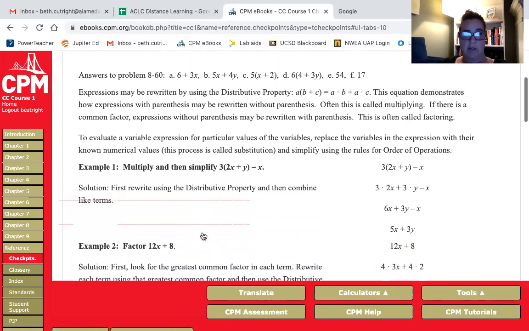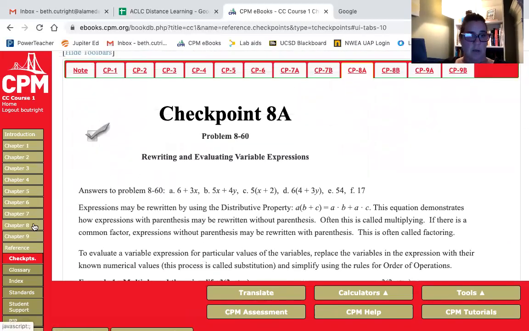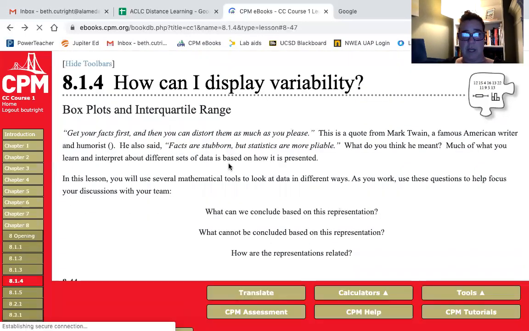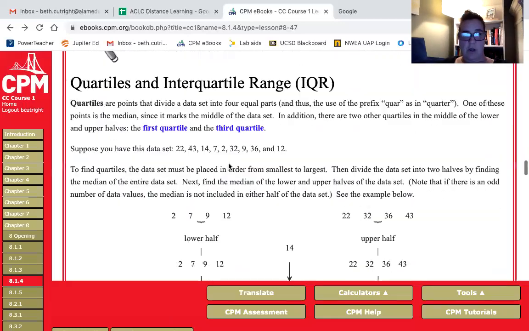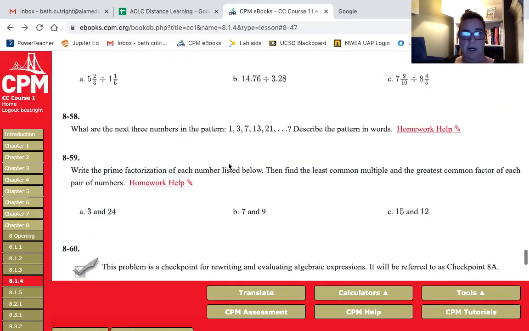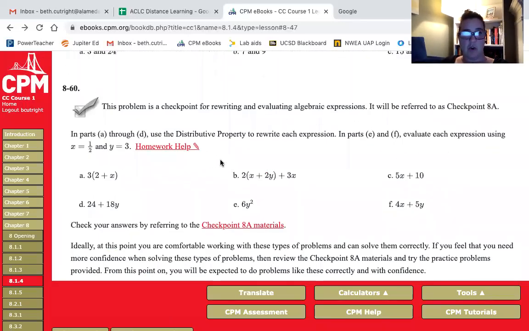Checkpoint 8A, so make extra sure. I'm glad we have a lot of time on this lesson, 3 days, so you can focus on the distributive property in that last question. 3 outside multiplies the 2, and then it also multiplies the x. So this ends up being 6 plus 3x.